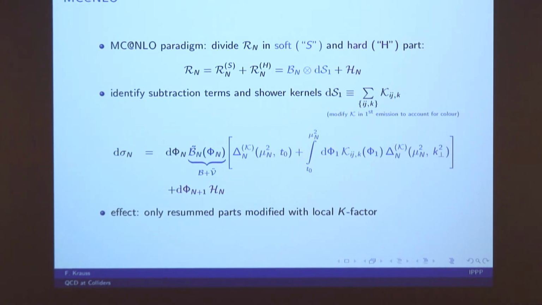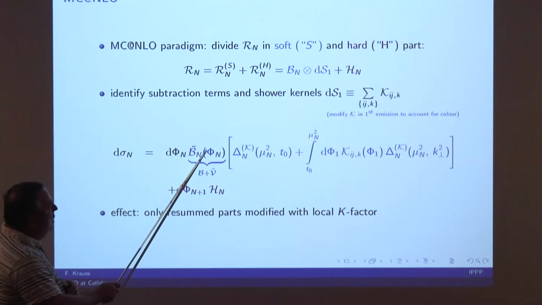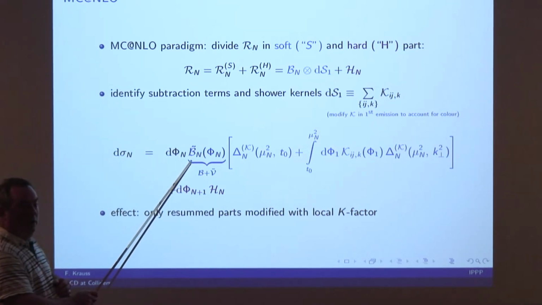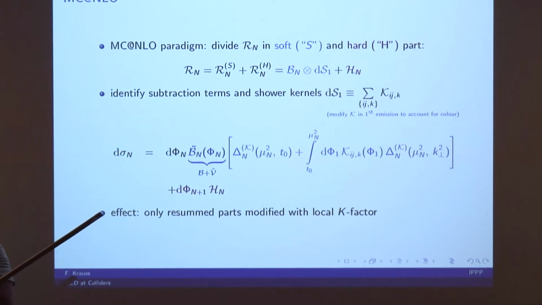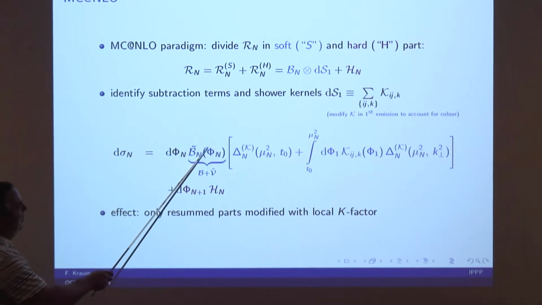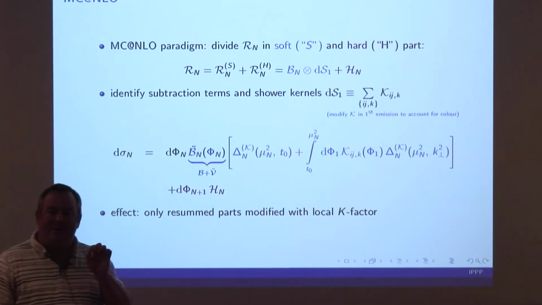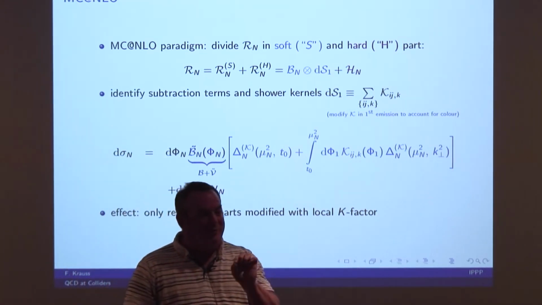So instead of taking a profile function, we take in our modified Born exactly the splitting kernels, which actually are also the subtraction terms. So you take your modified Born, and because the soft bit is exactly the bit that you would have subtracted out of your real emission anyway.